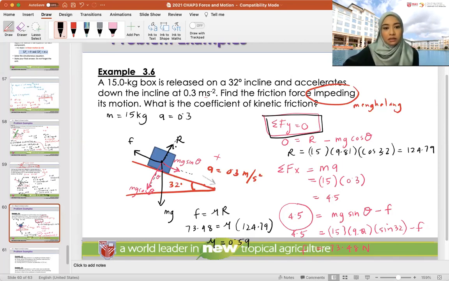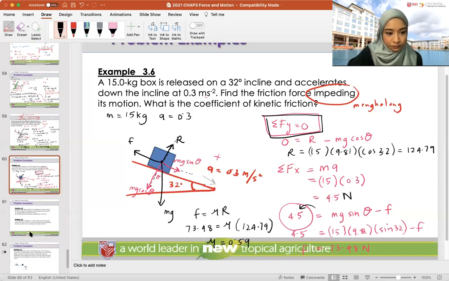So the mass is 15 kg times the acceleration given for the motion. So this is 4.5 Newton. This is the net force. So the equation for my net in the x is mg sine theta minus f. So this is your equation. You equate it to your condition, the condition obtained from ma earlier. Then solve as usual. Okay, that is the difference between equilibrium and non-equilibrium.